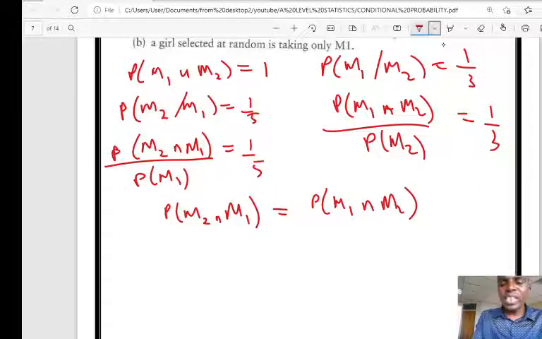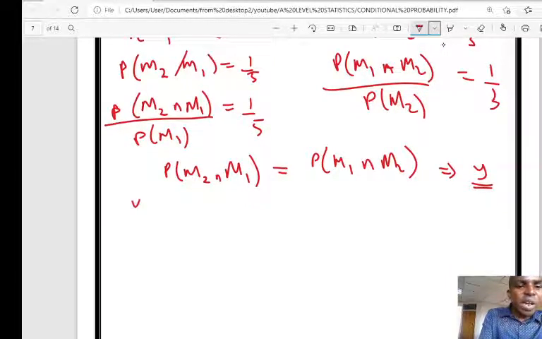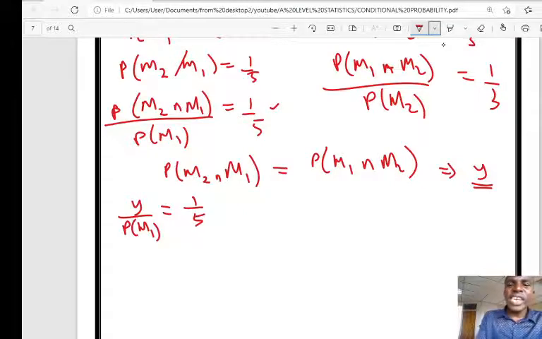We can represent this using a letter, say Y, so as to avoid working with these big numbers. So you can substitute: Y over the probability of M1 is equal to 1/5. Let the probability of M1 intersection M2 be Y.